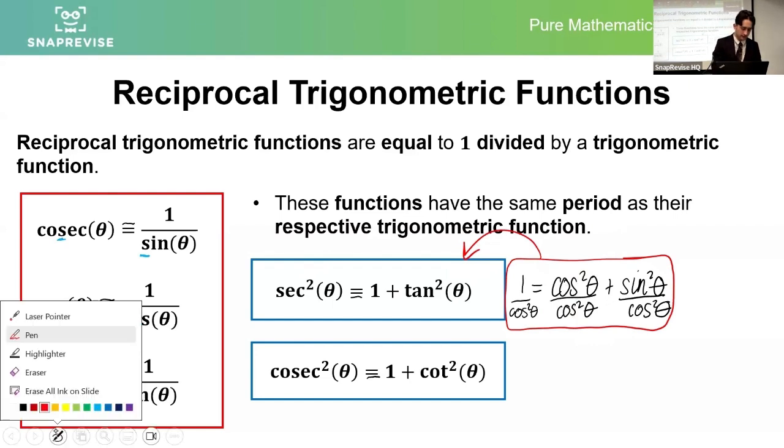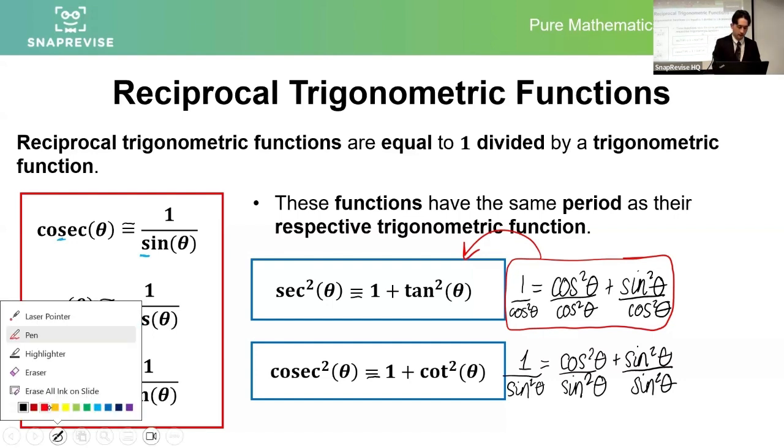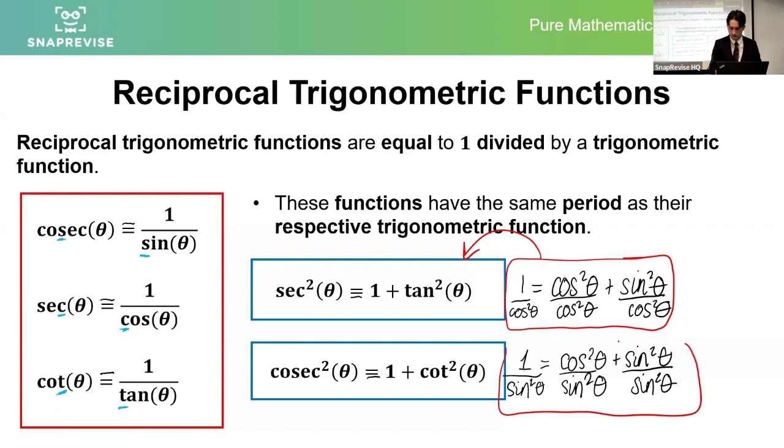And as you can guess, or hopefully you've seen it before, if you do the exact same thing but use sine squared, you get the other one. So if we divide everything through by sine squared theta, you get the other one. And I think it is good to know some derivations, just in case in the exam you panic and forget, and you go, oh, I don't know if I've remembered it correctly. So does that make sense?